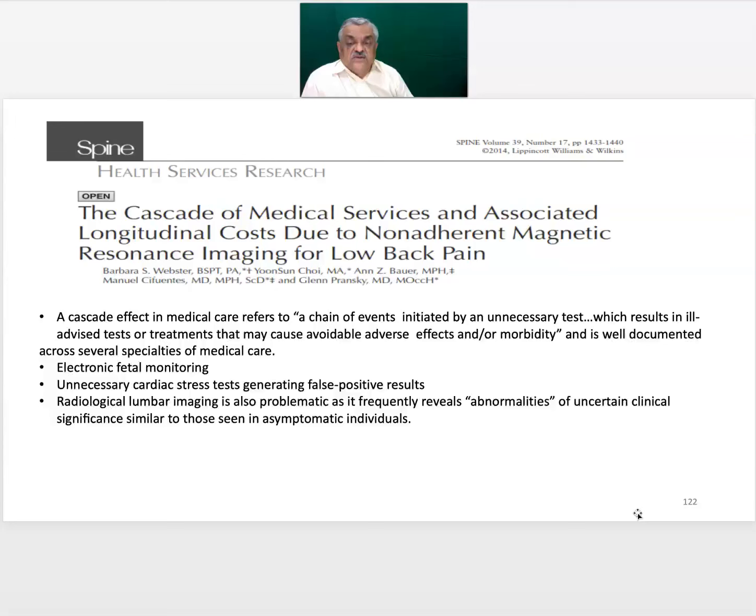For example, electronic fetal monitoring, cardiac stress test, radiological lumbar imaging is also problematic, as it shows a lot of changes because of degeneration, but it may not have any significance because it doesn't really correlate well.